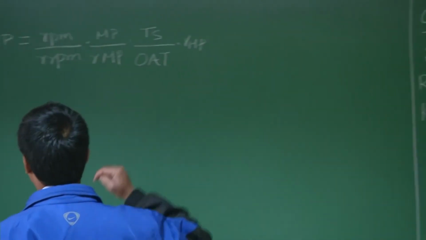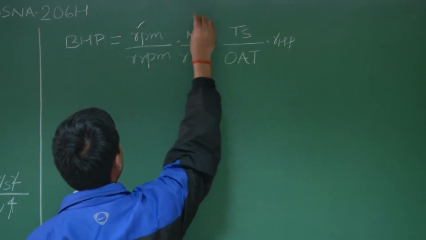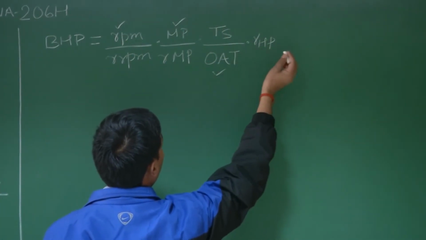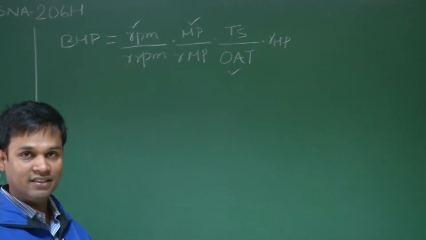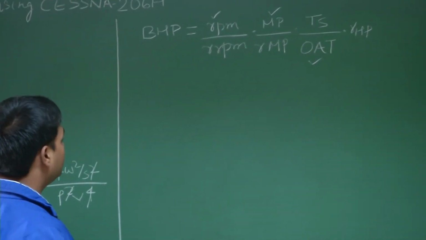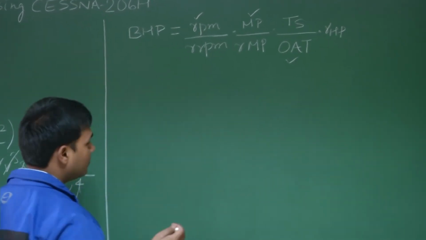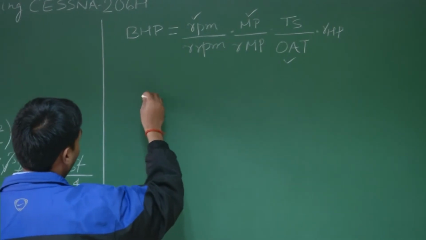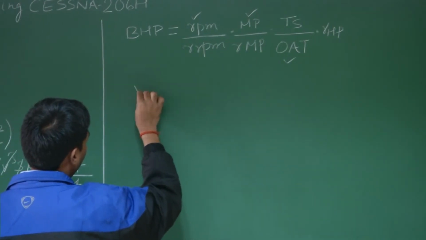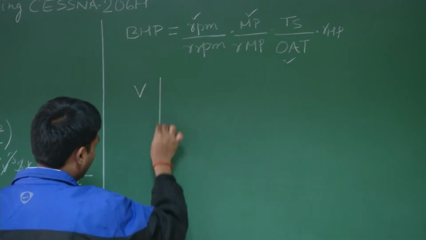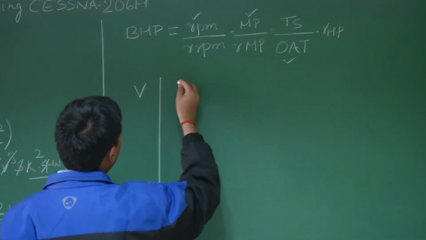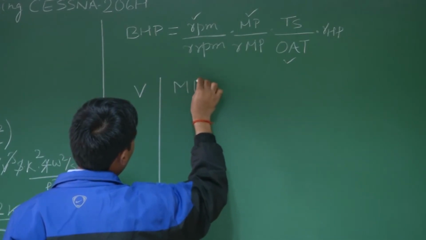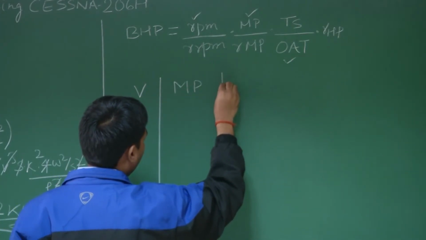Now from the flight, can we measure RPM, manifold pressure, and outside air temperature? Yes, we can measure. We have instruments to measure that. So once you plan your experiment, you should create a table. In that, of course, you have the instrument to measure the velocity V, and you also have to note down the reading for manifold pressure, right?